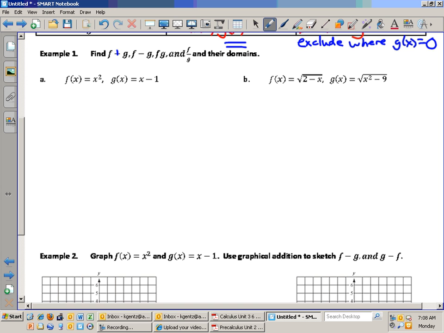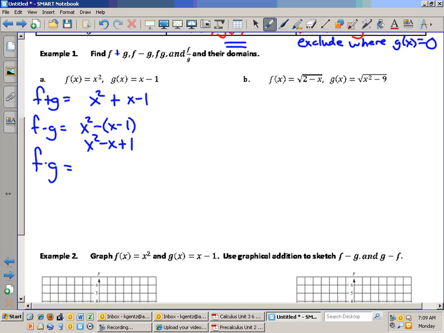So f plus g will simply be x squared plus x minus 1. f minus g will be equal to x squared minus x plus 1. f times g will be x squared times x minus 1, which is x to the third minus x squared.